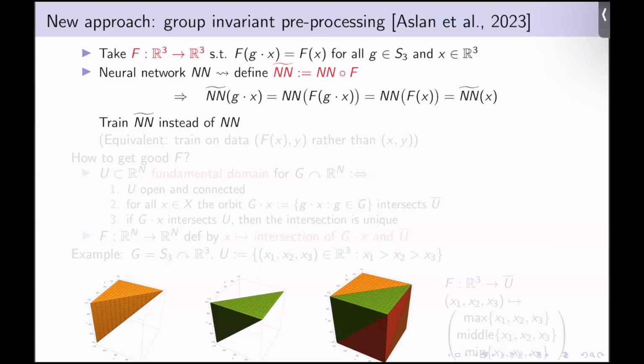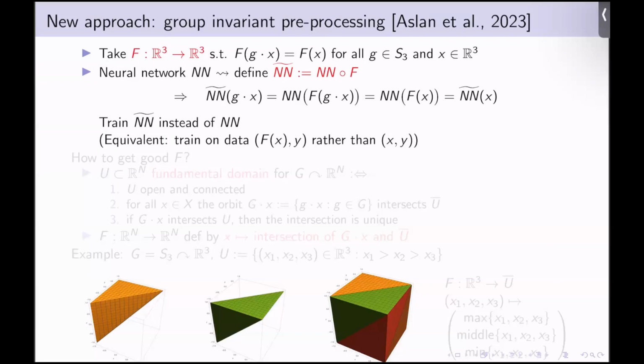Now, one potential concern is this map F, which I haven't told you how to get yet, but I will in a second. It could be computationally quite expensive, and it would be bad to carry this along with your training and apply F in every gradient descent step.